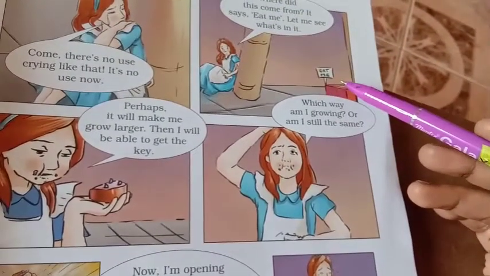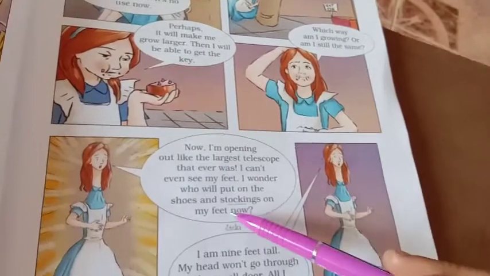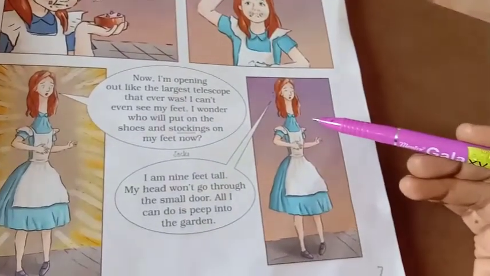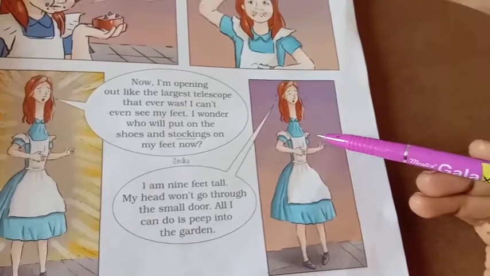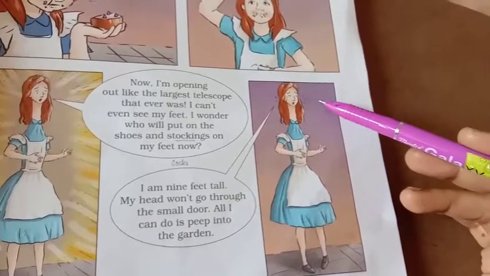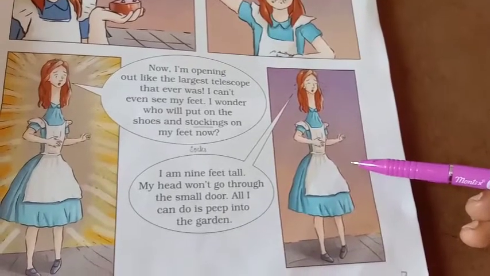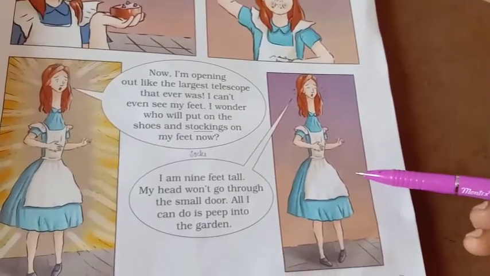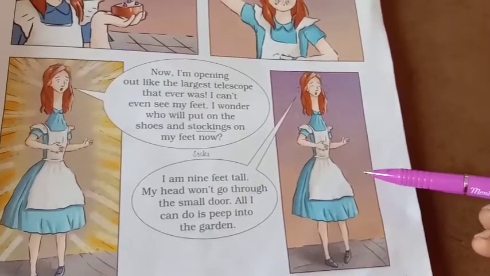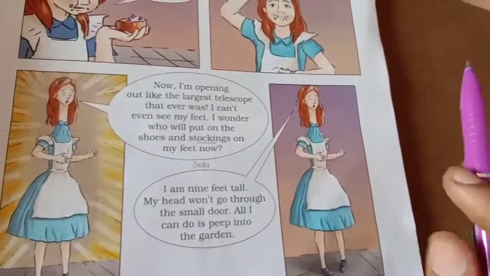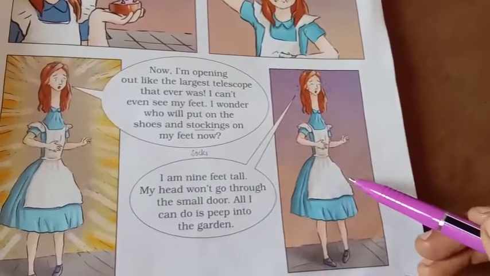And after eating this cake, you can see she has expanded, and her height has increased to 9 feet tall. A small girl like you growing 9 feet tall, can you imagine? It's just an imaginary story. You have to just imagine that Alice has really grown 9 feet tall.